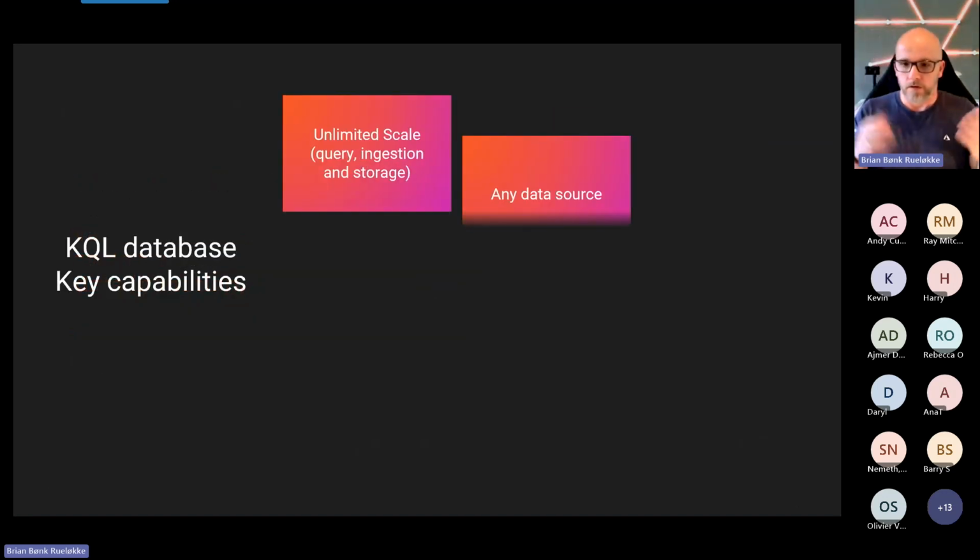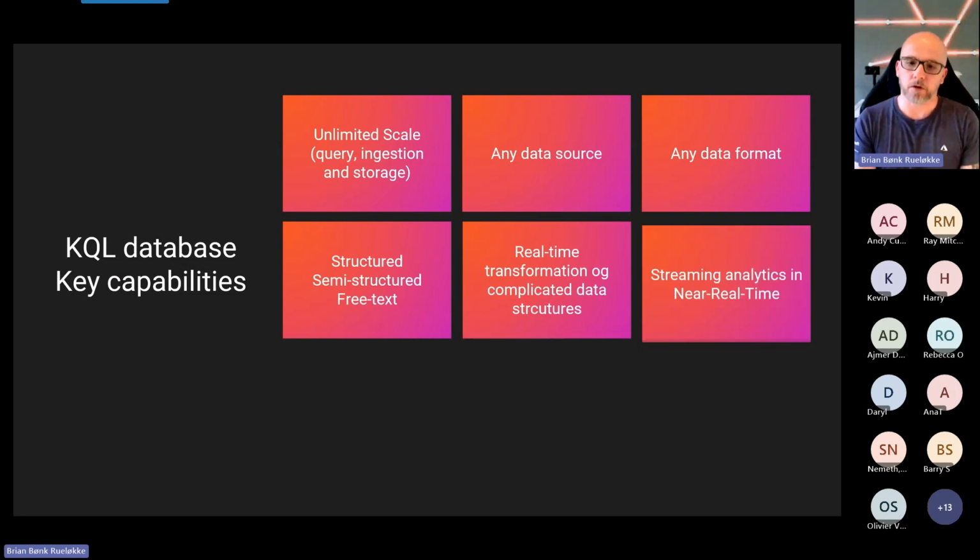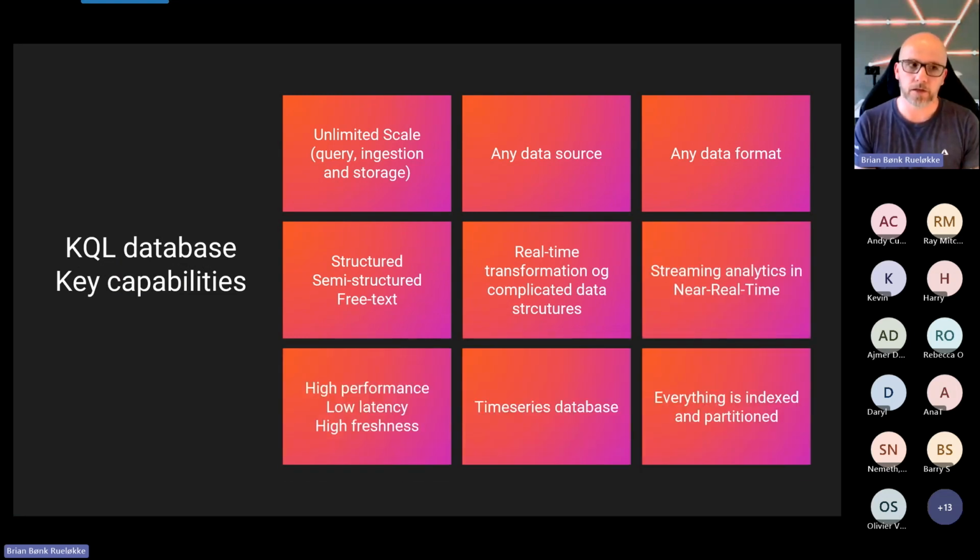The other big offer inside the real-time analytics is the KQL database, and it has some key capabilities. I'll not go deep into all of these 9 because then I'll talk for a few hours. It is capable of handling structured, semi-structured, and free text data.